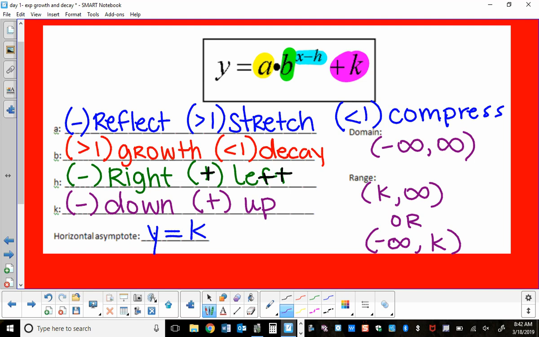And for your range, we're still going from bottom to top. Make sure you have exactly what I wrote. You should be ready. Any questions here? All right.